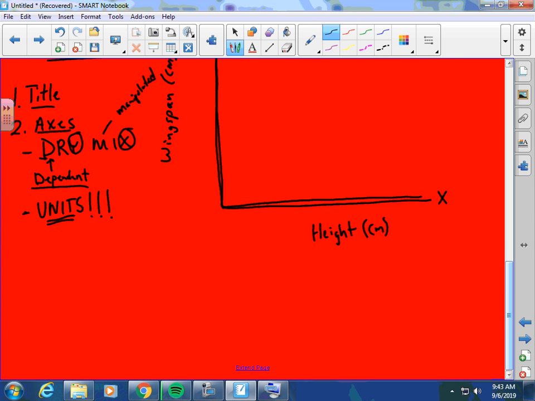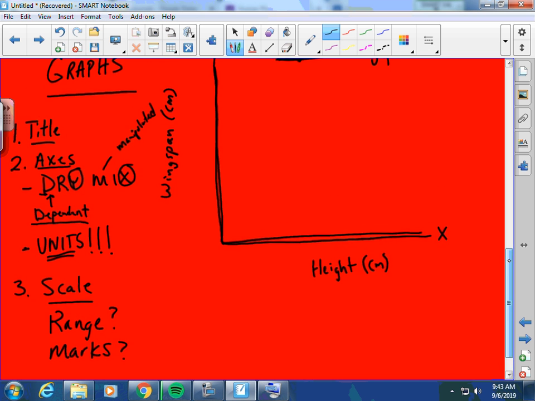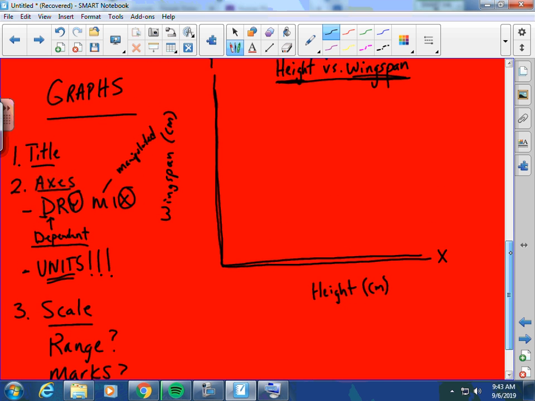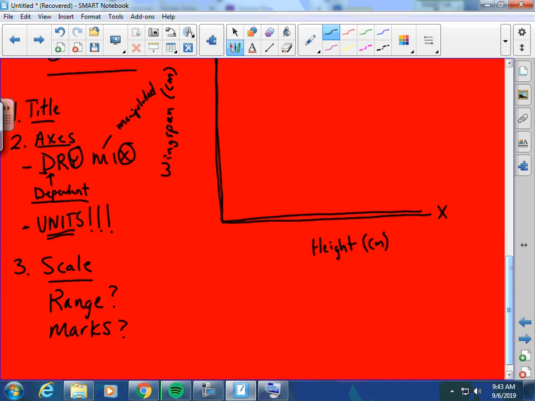All right, the next thing we have to do is determine the scale for the axes. Probably should have gotten a picture of a graph on here so I could just do it on here, but for the scale, we have to consider two things, range and marks. Let's say I'm making my graph.